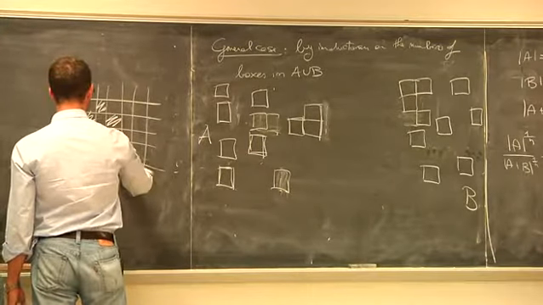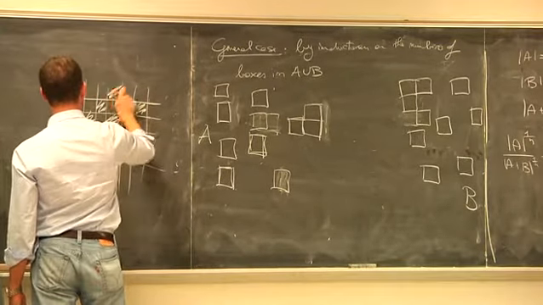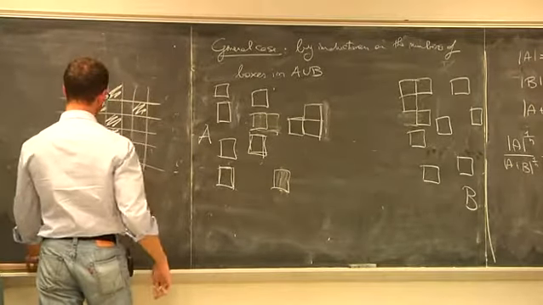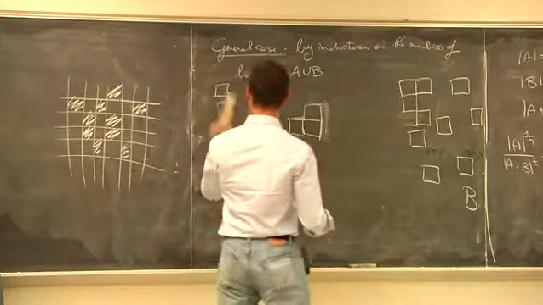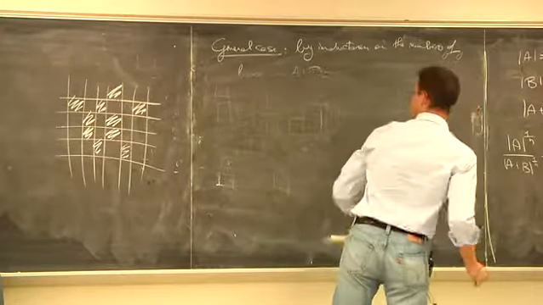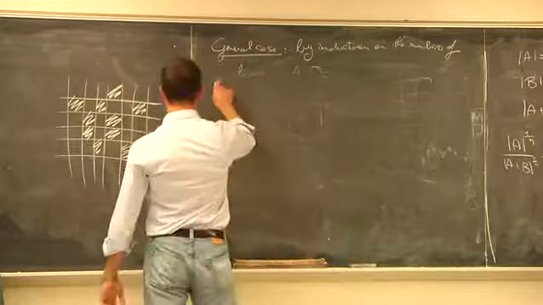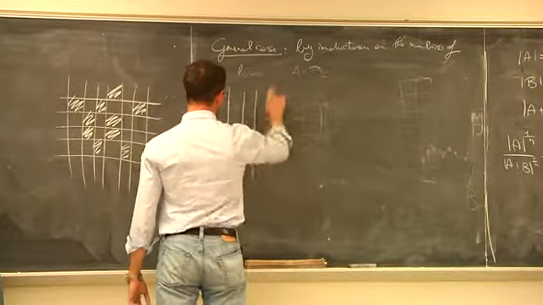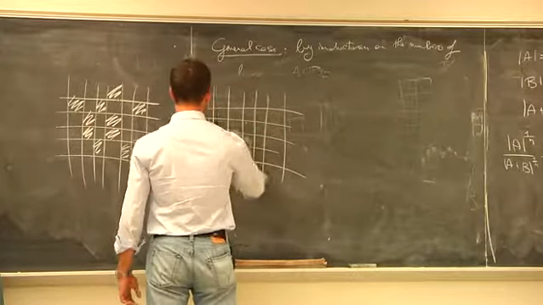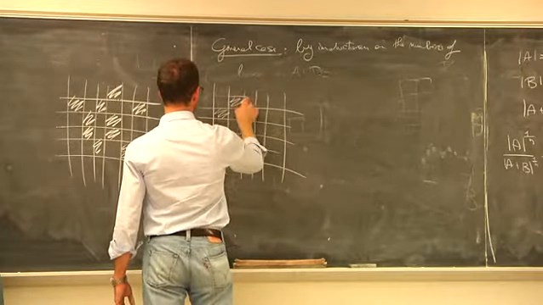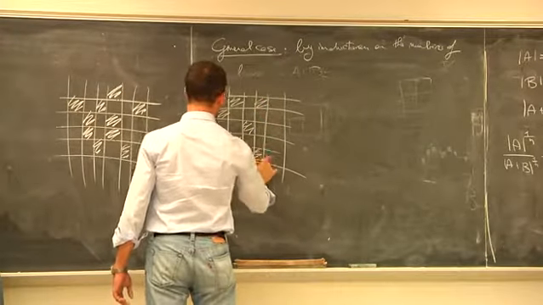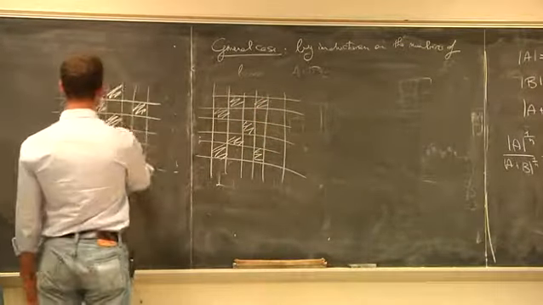So let's say my set A is something like this. You just do the same grid here for B, and you keep coloring some of them. So this is A, and this is B.